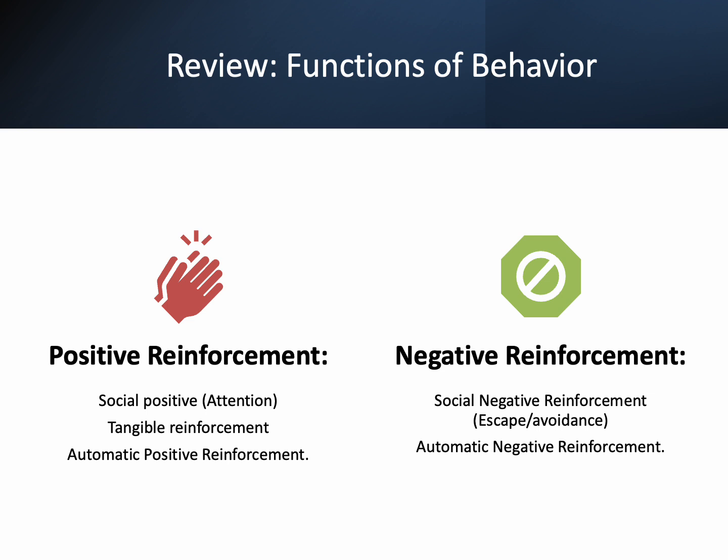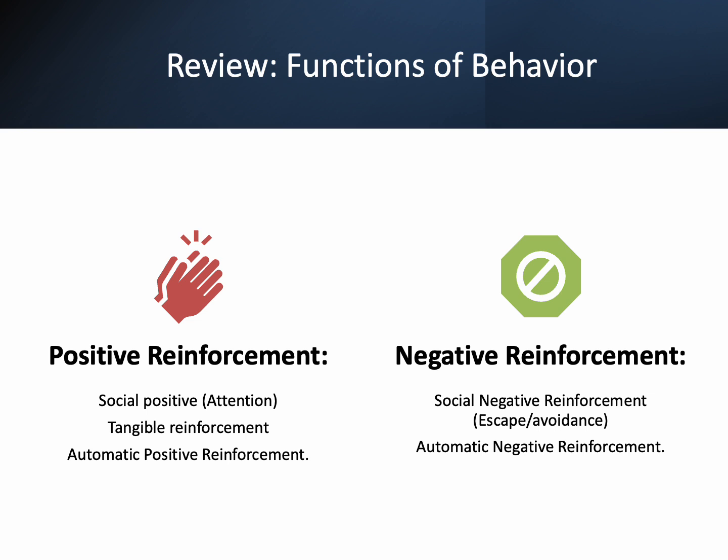So our forms of positive reinforcement are social positive reinforcement, which is, for example, behavior that is occurring to gain access to attention. It is a form of positive reinforcement. It's considered social positive reinforcement because to gain attention, you need to have an interaction with an individual. And so that's why it's classified as social positive reinforcement.